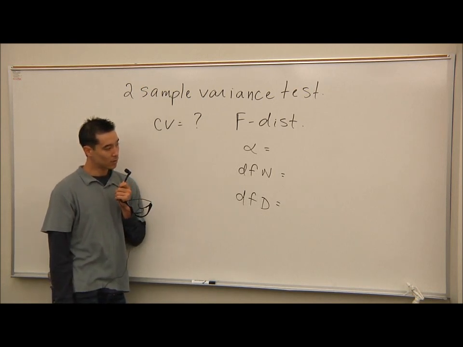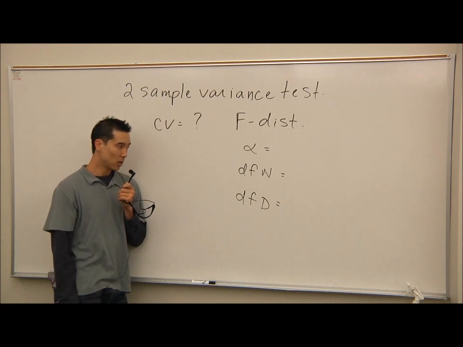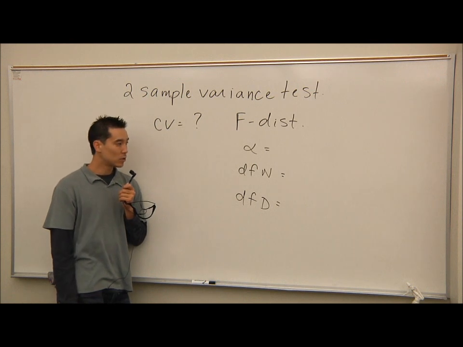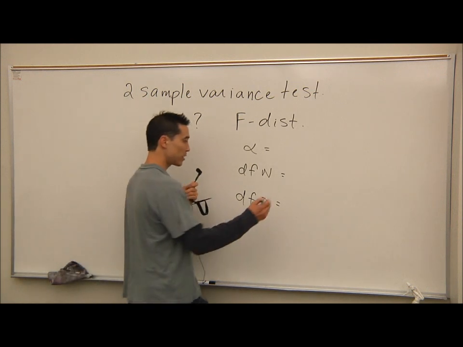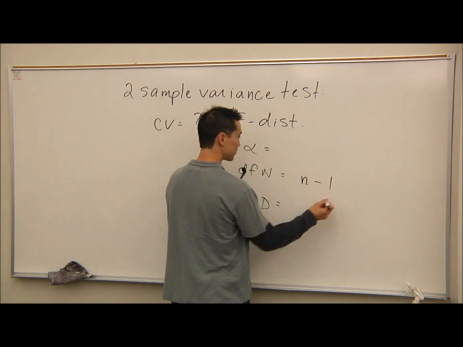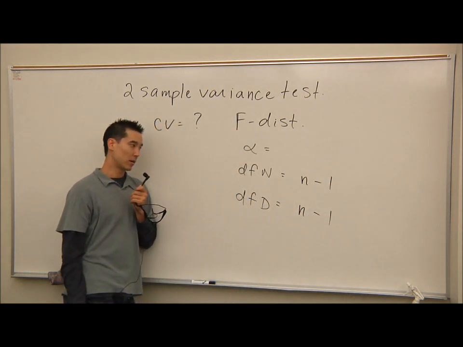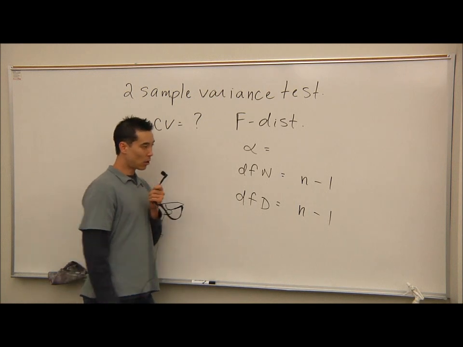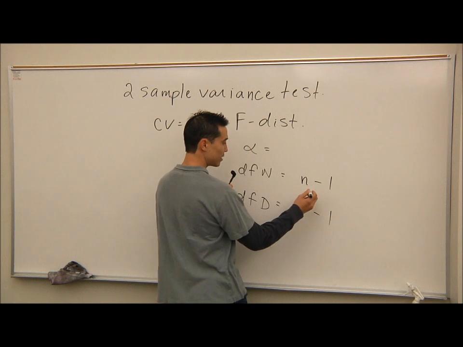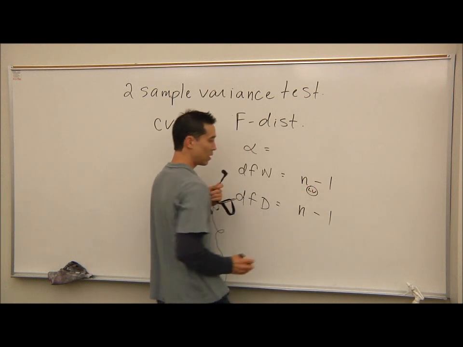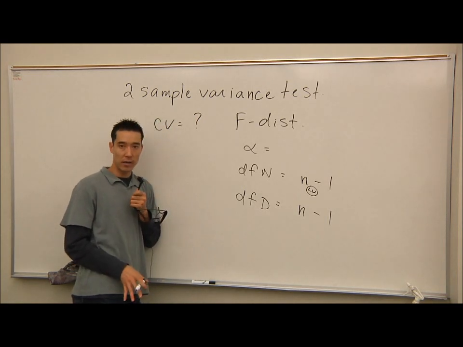Now, we have to be very specific on this. Because there's two samples, we have N1 and we also have N2, okay? So both of these degrees of freedom are going to be N minus 1. But the question is, which sample goes where? Instead of just labeling this generic N1 or N2, I'm going to call this LV for larger variance, okay?